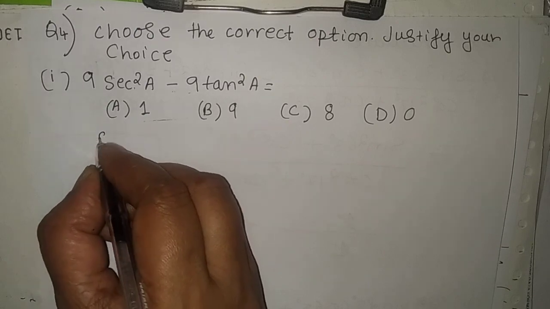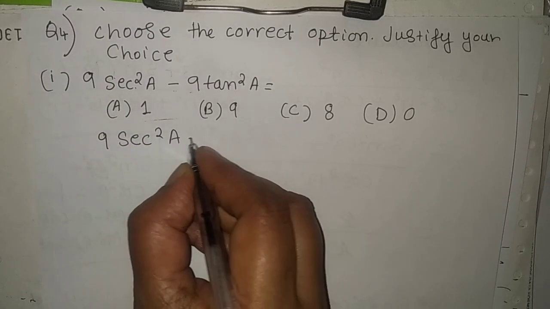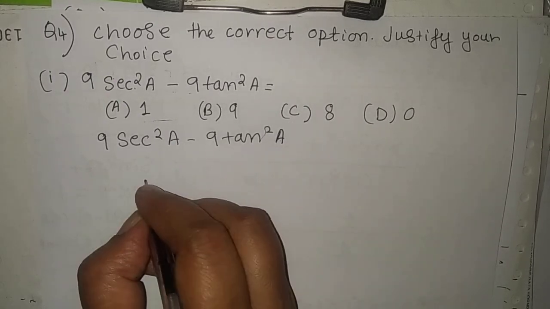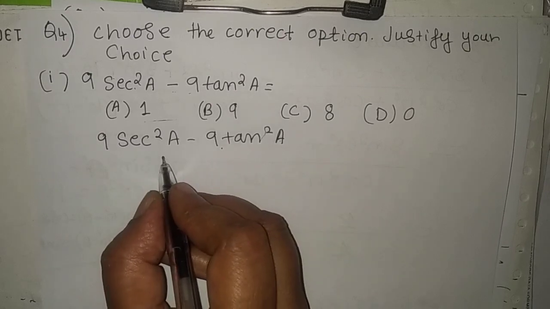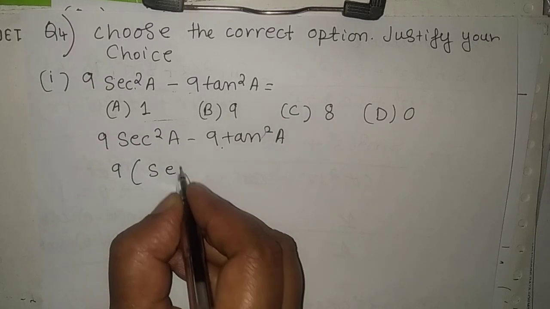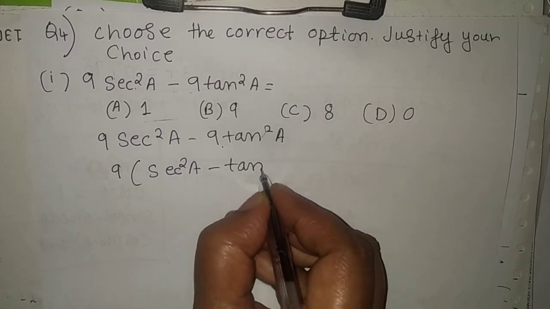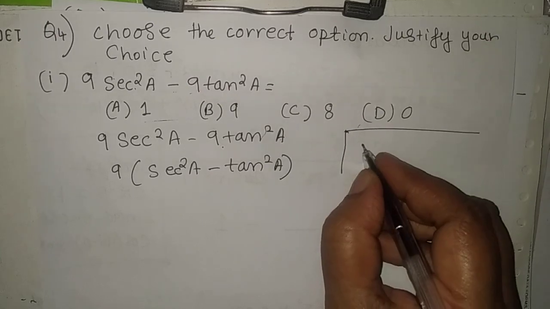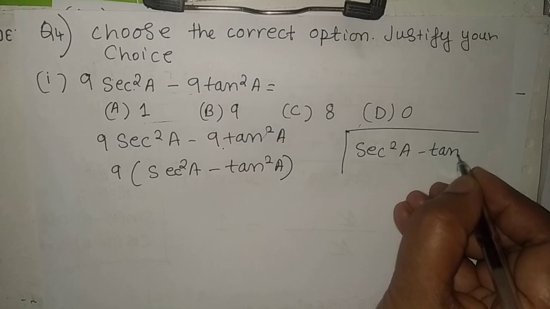So we'll take this 9 secant square A minus 9 tan square A. Take 9 common, then secant square A minus tan square A. We have secant square A minus tan square A is equal to 1.